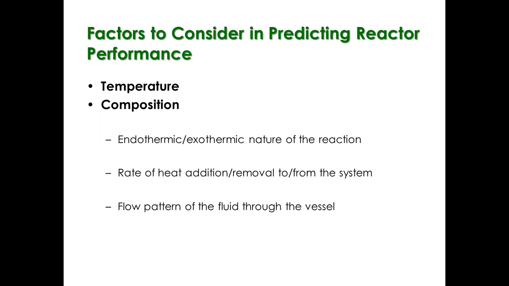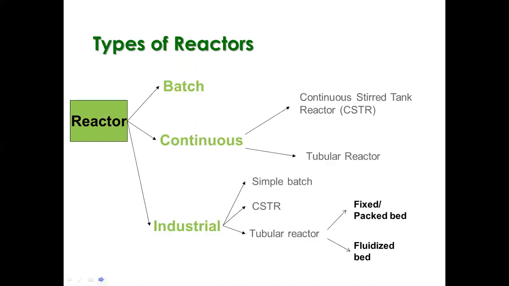So what's the rate at which this heat is being removed or added to our system? Now, we need also to consider the flow pattern of the fluid in the vessel. But the two main factors are temperature and composition. But these three are also things to look into when we design the reactor.